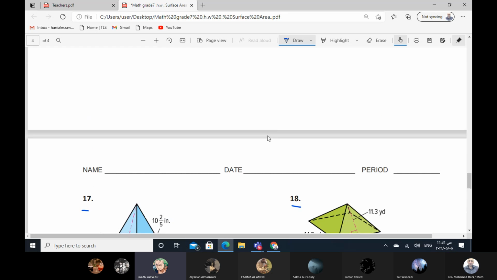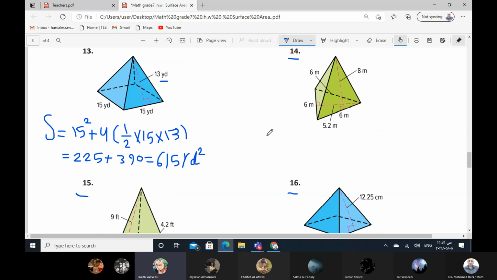Mister, can you go back a little bit to the same question? Here, 15 times 13 divided by 2 is 22.5.